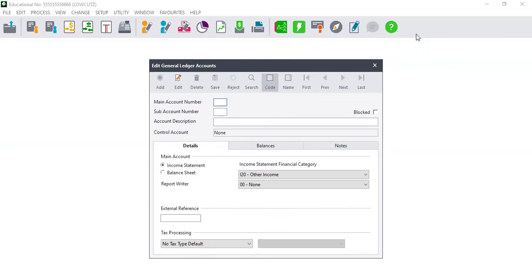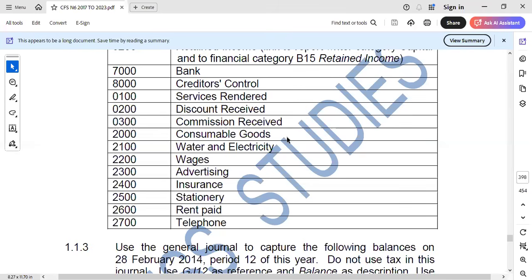And let us continue. Remember, we added the general ledger accounts. So now let us check our part, which is the question paper.